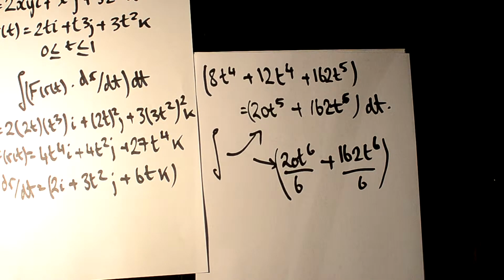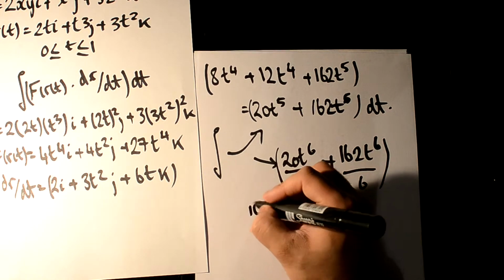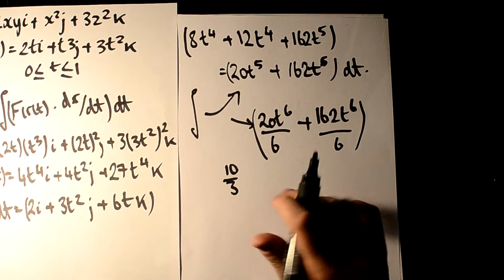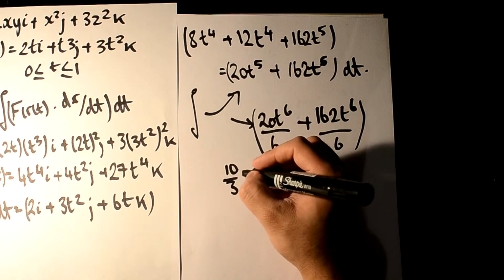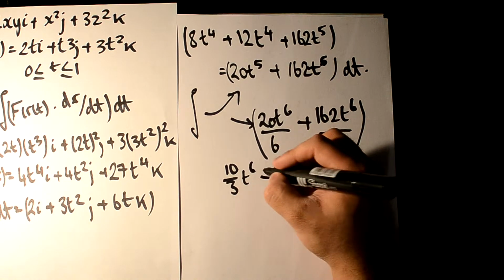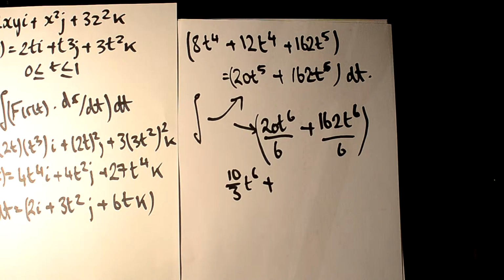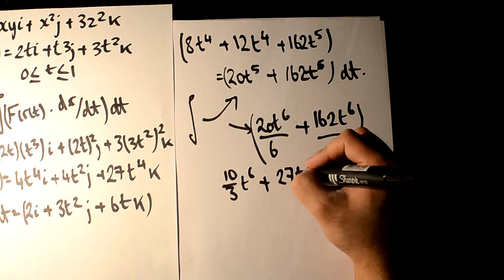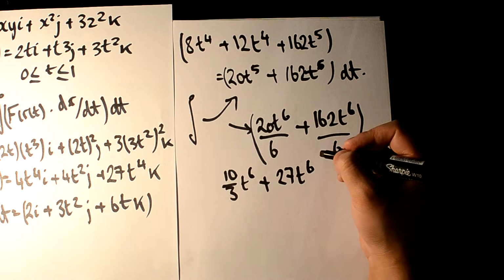And as you can see, we can simplify that as 10 over 3 t to the 6, and then 162 divided by 6, which is 27 t to the 6.